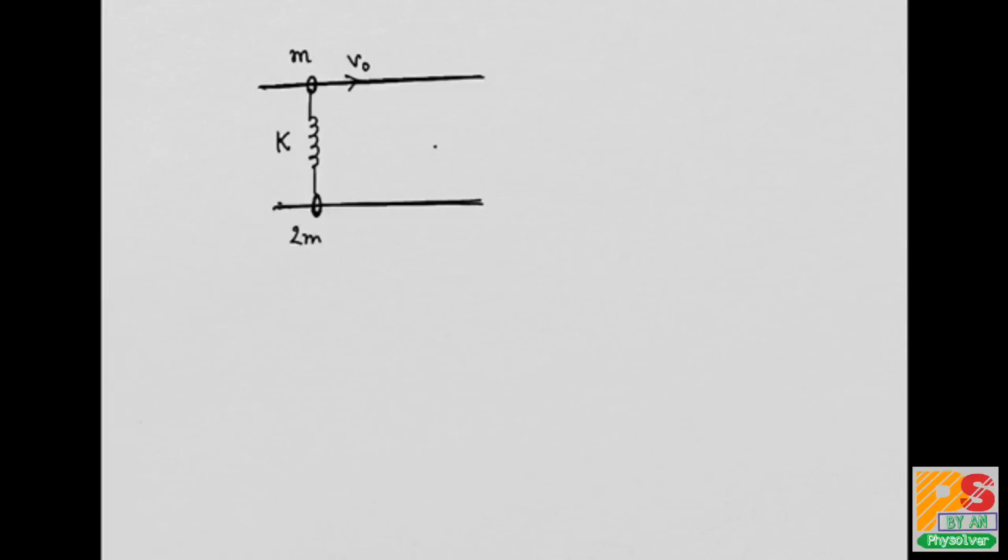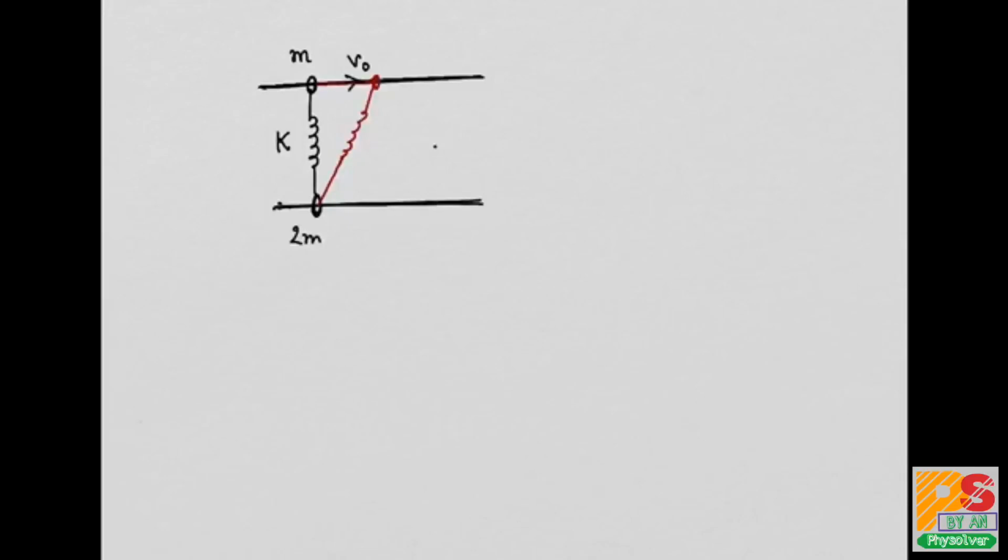Okay, now look carefully. If this mass m is given a velocity v0 towards right, after some time m will reach here and the spring looks like this.